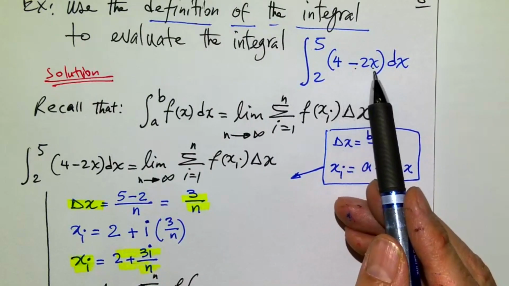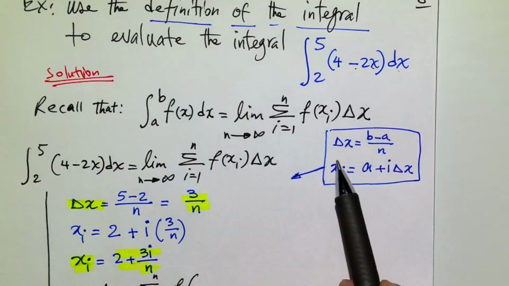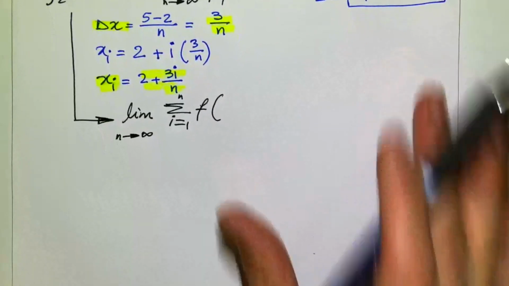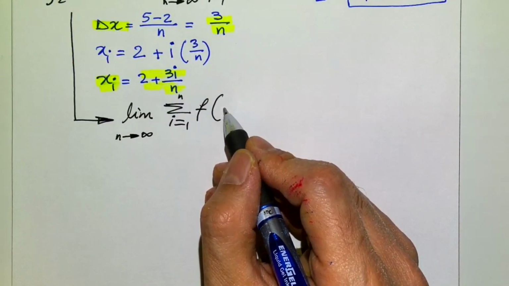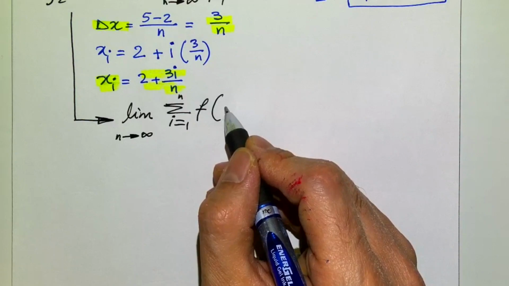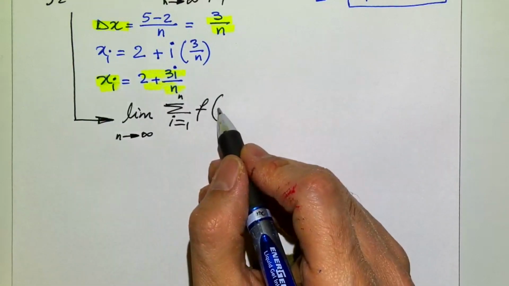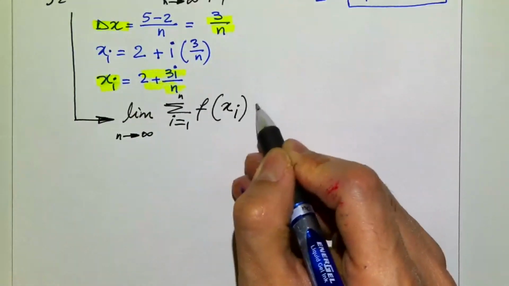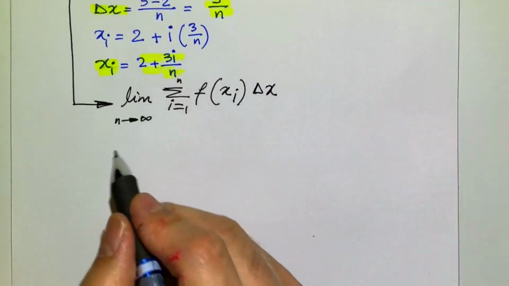But that's 4 minus 2xi now, right? Times delta x, because we're applying the definition, not the original definite integral. So f at xi times delta x, let's substitute now.